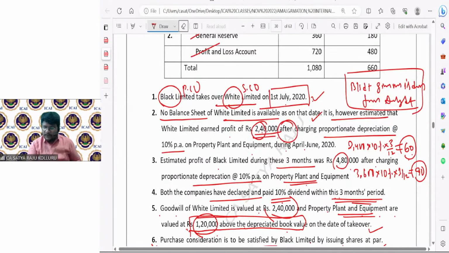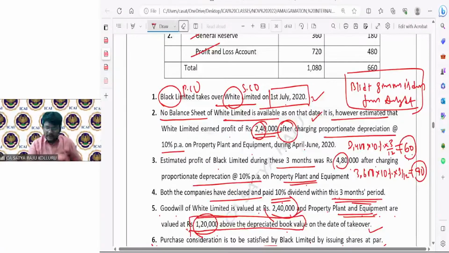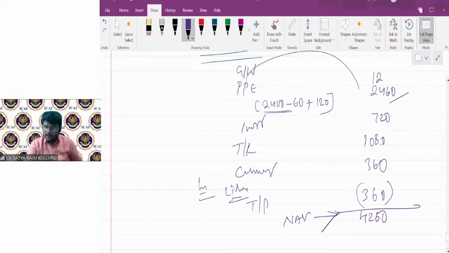Goodwill of White Limited is valued at 240, and property, plant and equipment, something he is telling. So goodwill is also taken over by the purchasing company. So you can add the goodwill also under the assets. I forgot actually. So which is 120. Now NAV will become how much? You can add 4260 plus 120, which is equal to 4380.